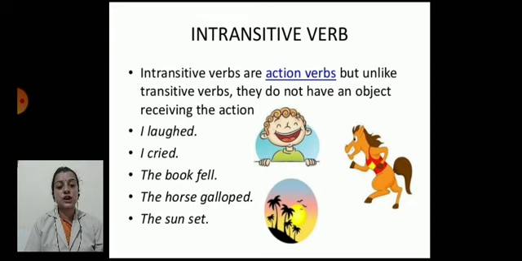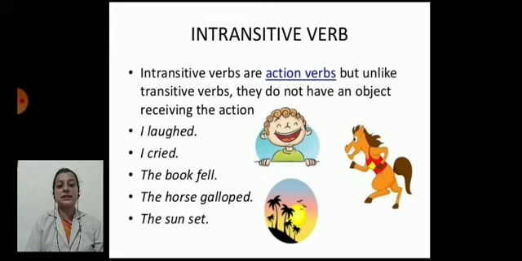If you talk about the first one, I laughed, here I is the subject, laughed is the action verb, but is it followed by any object? No. So we can say here laughed is an intransitive verb. I cried: I is the subject, cried is the action verb, but there is no object after it. So cried is also an intransitive verb.